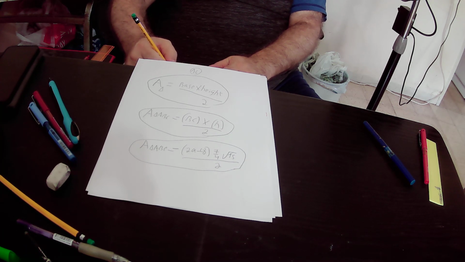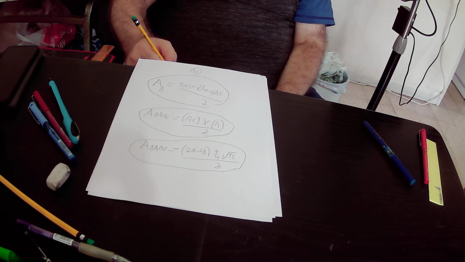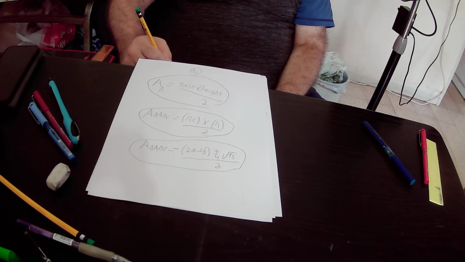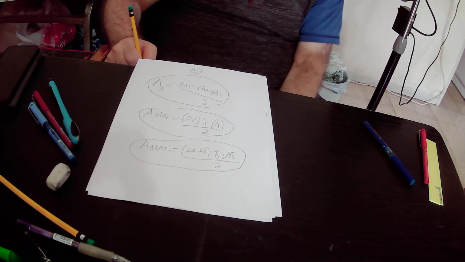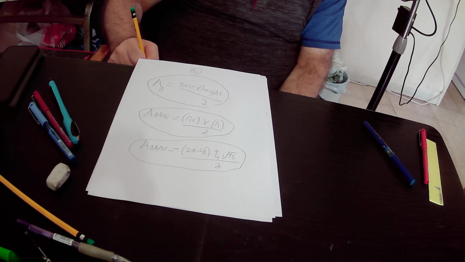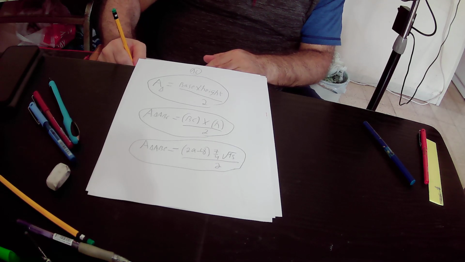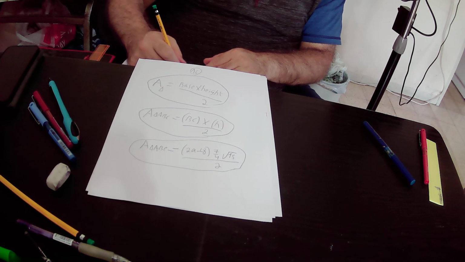equals 2A. A equals 17 over 4. 2 times 17 over 4 is 17 over 2. 17 over 2 plus 8 times 7 over 4 times root 15 over 2.